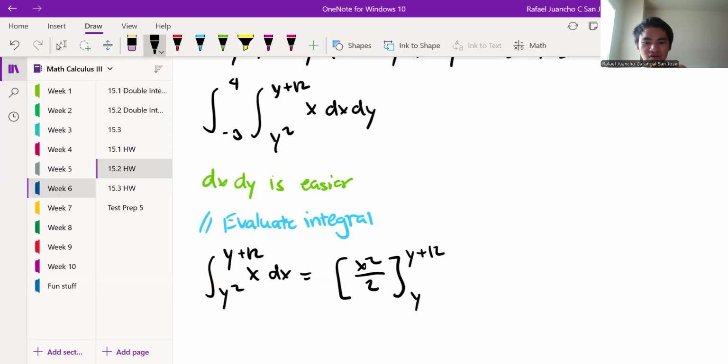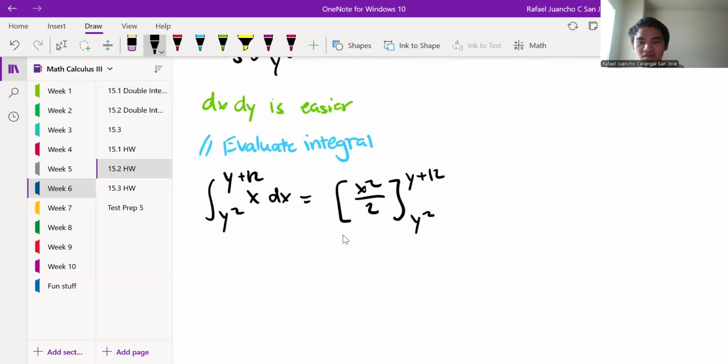Y plus 12, y squared. And then this one should give me y plus 12 squared over 2 minus y to the 4th over 2. And I could just factor out the 1/2. So I get 1/2 here, and then y plus 12 squared minus y to the 4th.